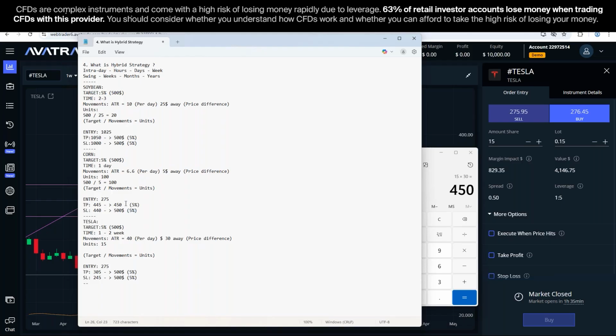And we've got 3 positions, one for 1 day, one for a little more than a day, 2-3 days, and another one for 1 or 2 weeks. So how this connects is very simple. All these positions can be kept simultaneously in my account. I can choose to open each of them whenever I want, at whatever price I want that is available on the chart.